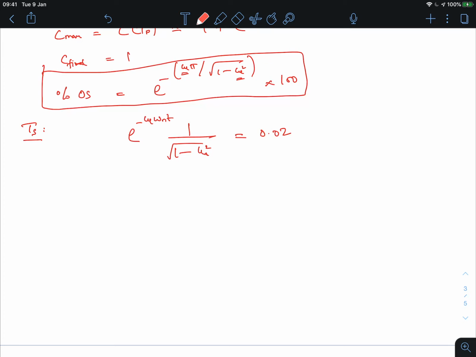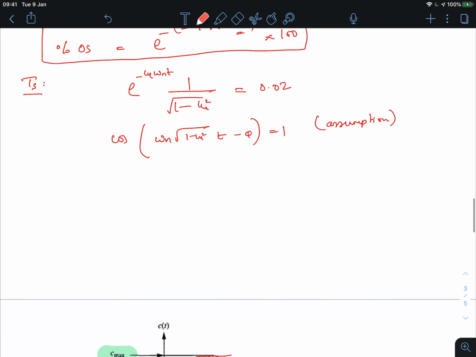Again, this is a very conservative estimate because here we have assumed that cos of omega n under root 1 minus xi square t minus phi is equal to 1 at the settling time. So in that case, the settling time is basically given by minus ln 0.02 under root 1 minus xi square divided by xi omega n.